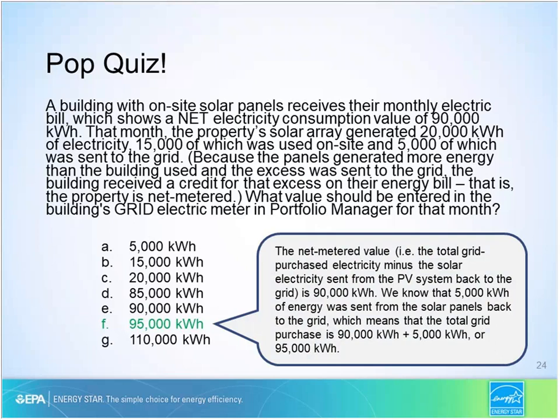Net metered solar PV systems can be tricky because the utility doesn't always provide all the information needed to get the values required for the application. In this case, we know that the net metered value, so the total grid purchased electricity minus the solar electricity sent from the PV system to the grid, is 90,000 kilowatt hours. Since we know that 5,000 kilowatt hours were sent from the solar panels to the grid, that must mean that the total grid purchase was 95,000 kilowatt hours.